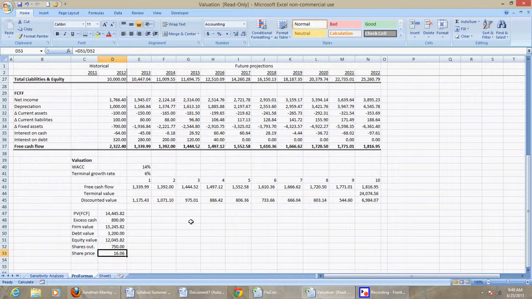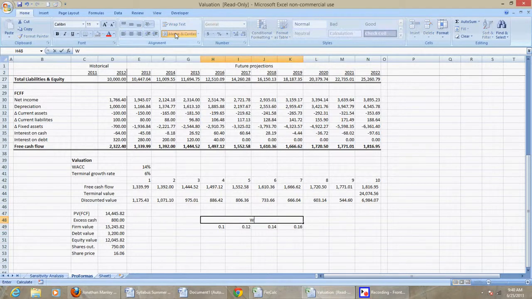One thing you would want to be able to do with this is say, you know what, I'm not sure about these numbers. So I could have these as my weighted average cost of capital right here. And then my different terminal growth rates right there.